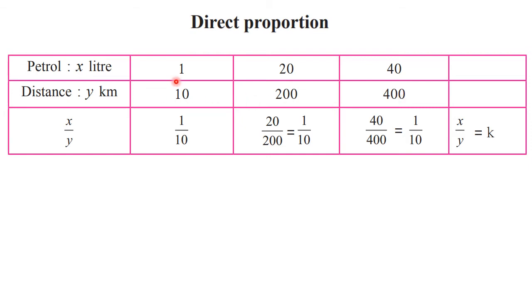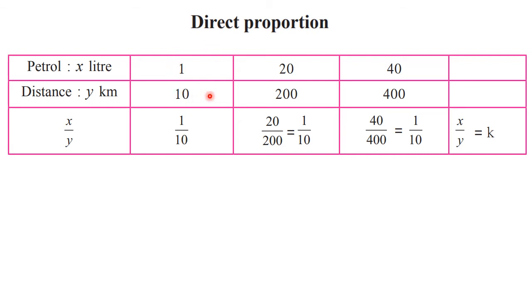Or if I say that if a car covers 10 kilometers in 1 liter petrol, and if I ask you how much it will cover in 2 liters of petrol, so immediately you can give the answer 20. Because as the quantity of petrol is doubled, the distance is also going to be doubled.